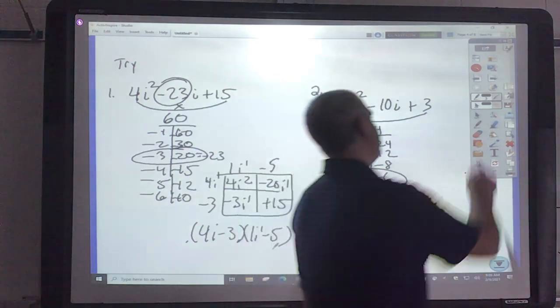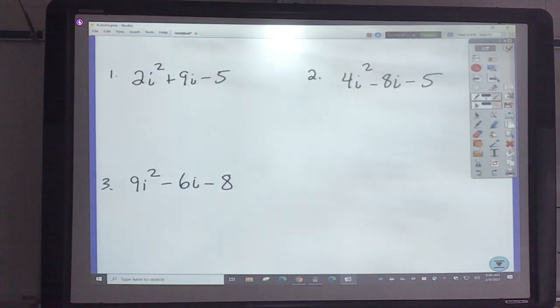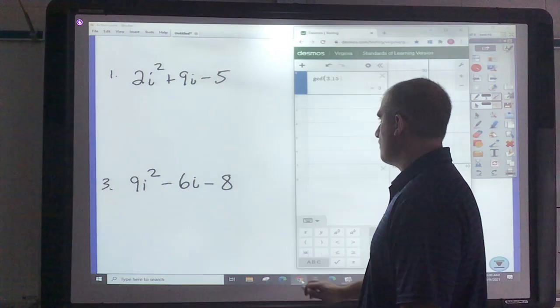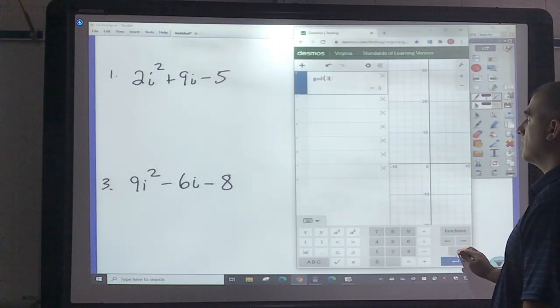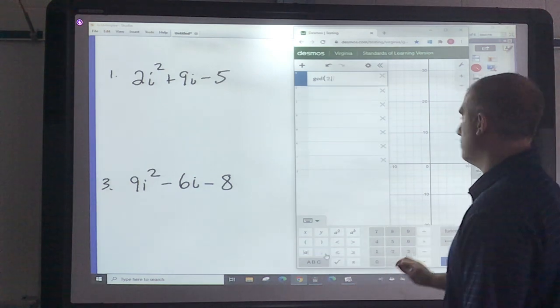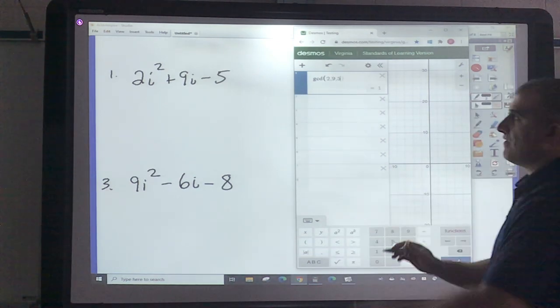Okay? All right. Let's go on to the next thing here. Now, negatives everywhere. All right, negatives everywhere. So let's check this, do the old-fashioned way first. Okay, and then I'm going to talk about this. 2i squared, 9i, 5. All right, it's 1, they don't have i.